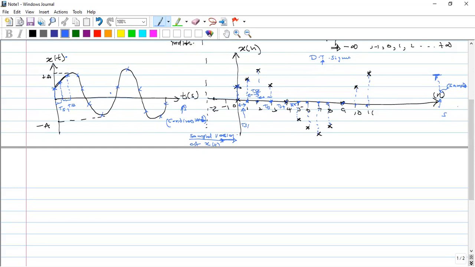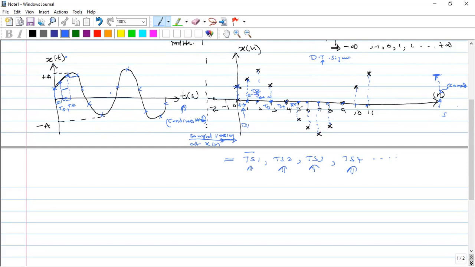So you can select different time gaps, which means this time gap may be different from that time gap.